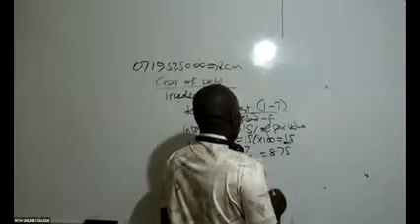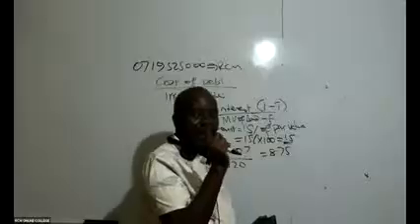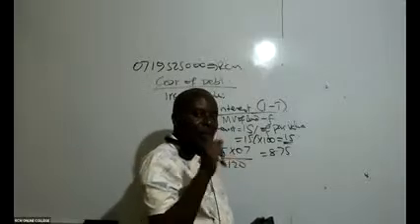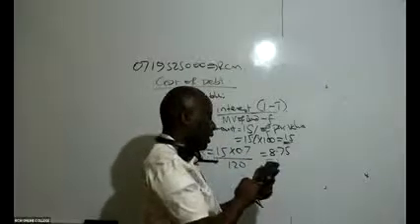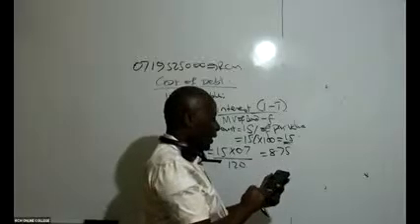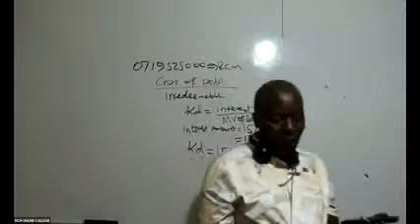Remember, tax rate has been given in the question as 30%. So I should say 1 minus 0.3, which is 0.7. And then I say 15 times 0.7. Whatever I get, I'm getting 8.75.